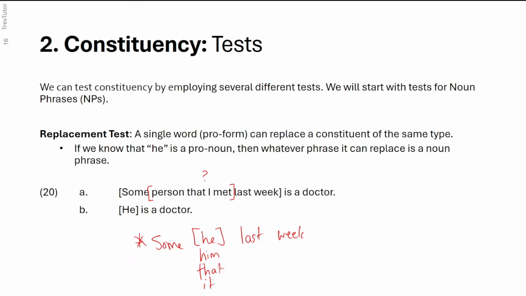So in all of these cases, because we can't do a replacement test, we know that person that I met is not its own constituent. In other words, it's either part of a bigger constituent or, which is the more likely case, it requires some more stuff to form a complete constituent. So that's the replacement test. You take a phrase, you replace it with a word of a similar category, and you see if the sentence is grammatical.